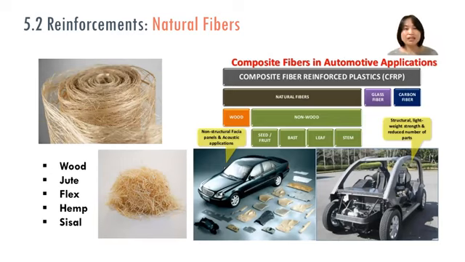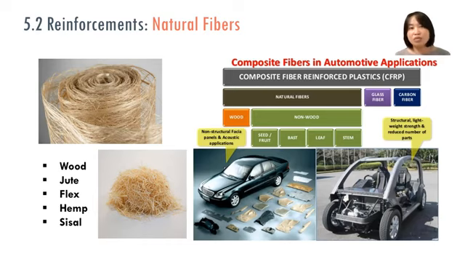Okay, and in the last two decades, because of environmental awareness, we see the impact that we have on our environment, right? So research and development has been focused more and more on natural fiber also, green fiber.